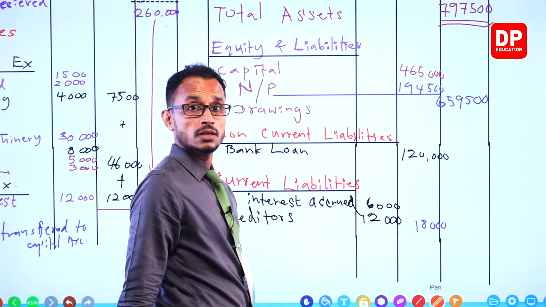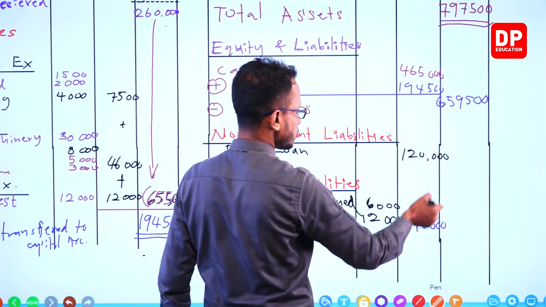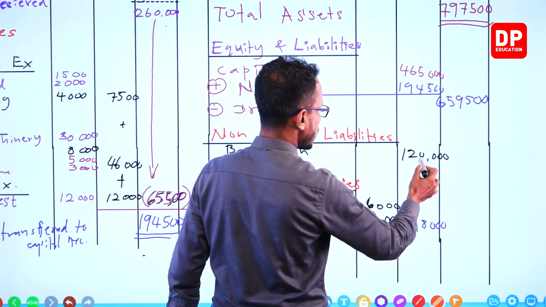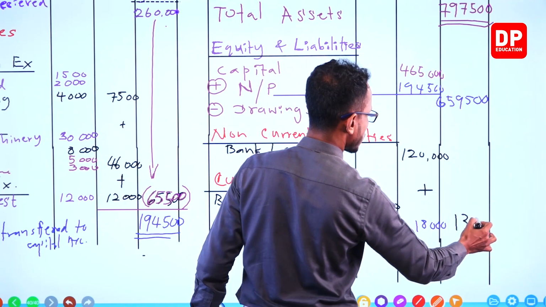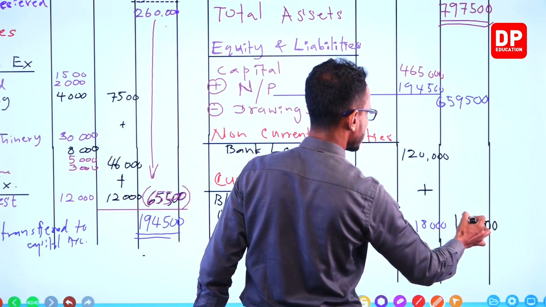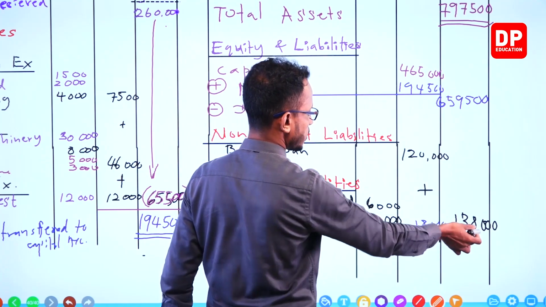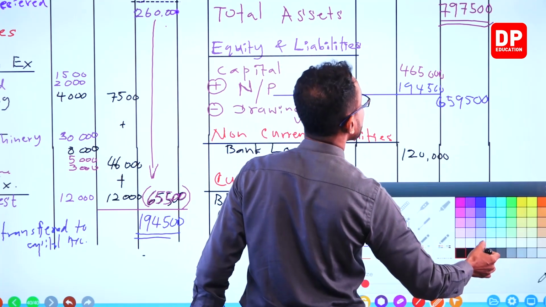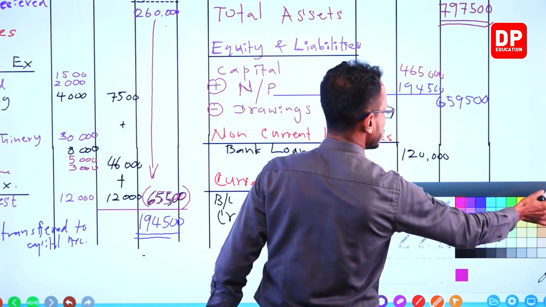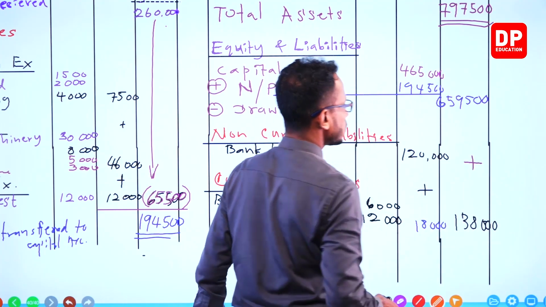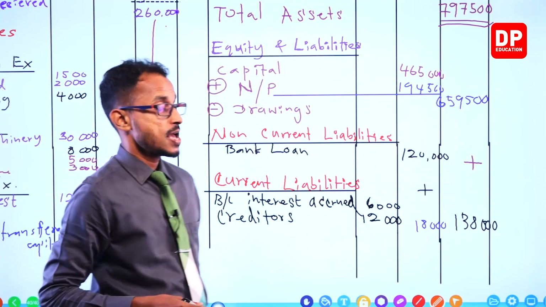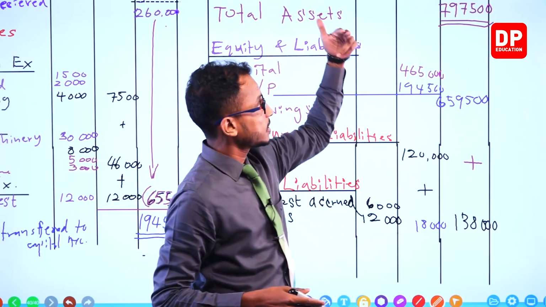Moment of truth. 120,000 plus 18,000, 138,000 of liabilities. Addition of liabilities. Now add the two, and let's see whether we get that.